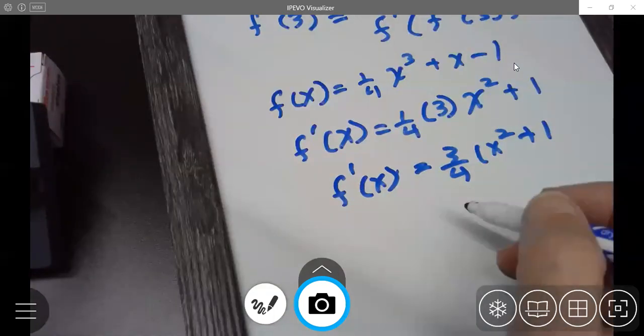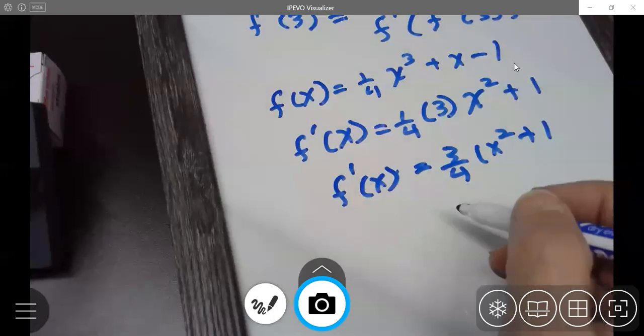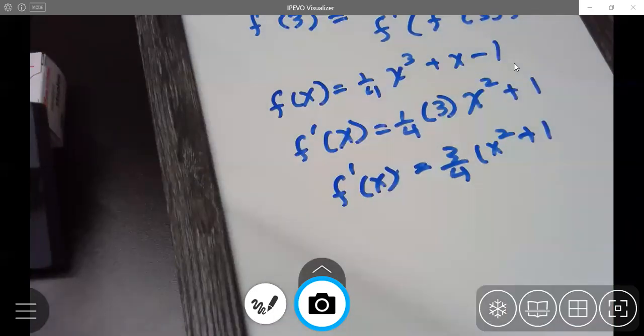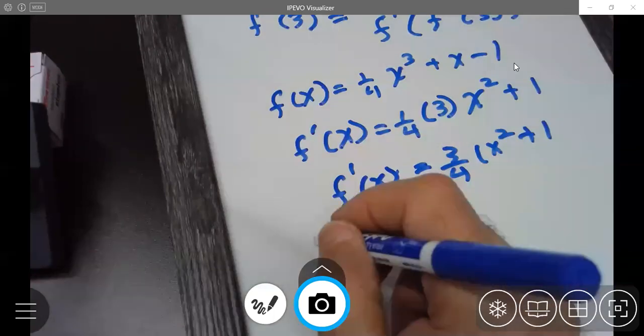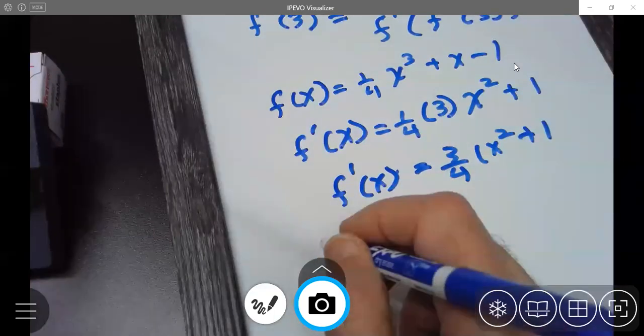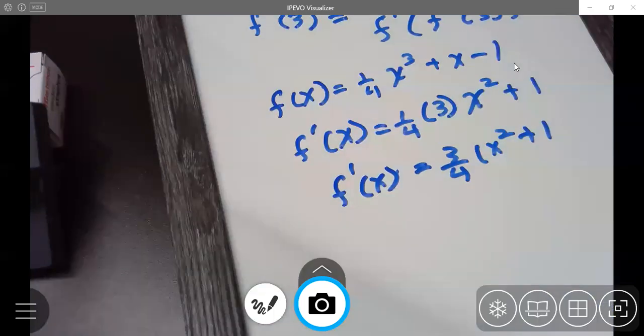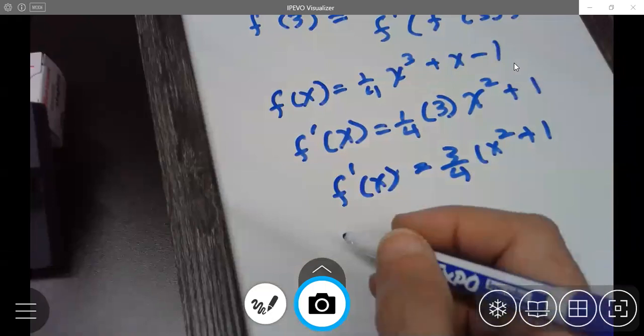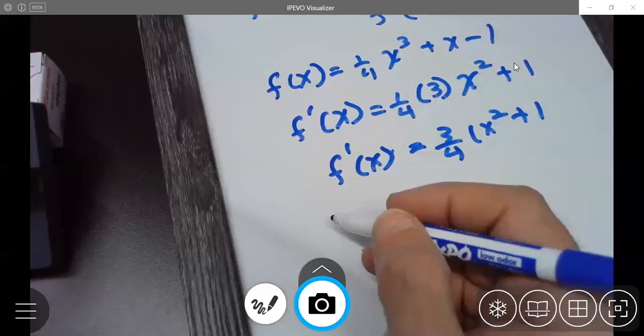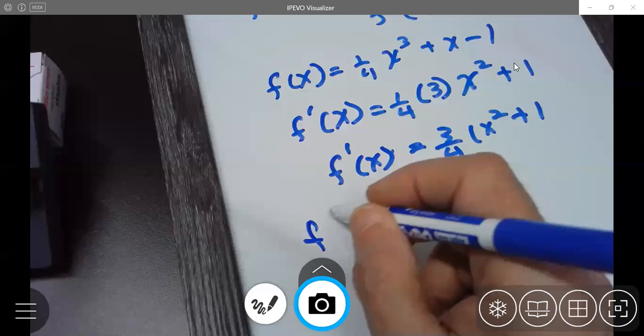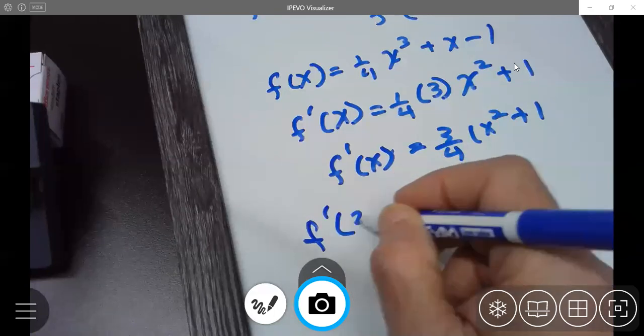So if we put in here, we want to find what f prime of 2 is.